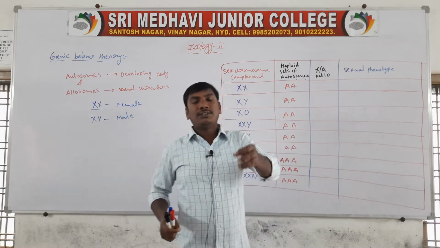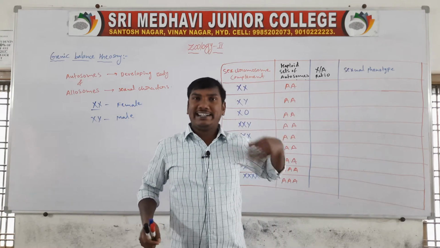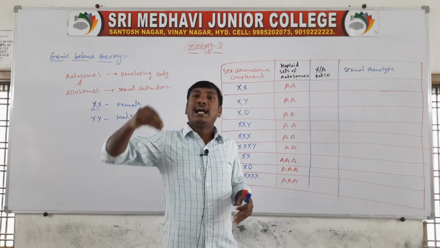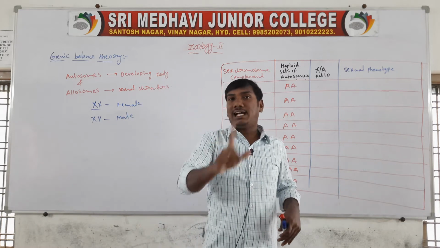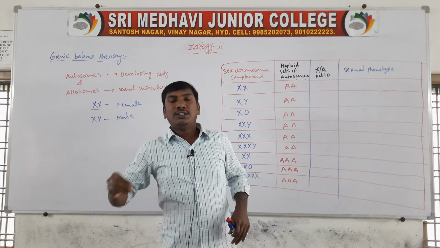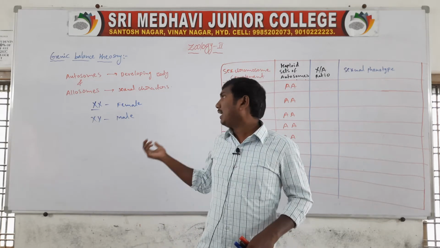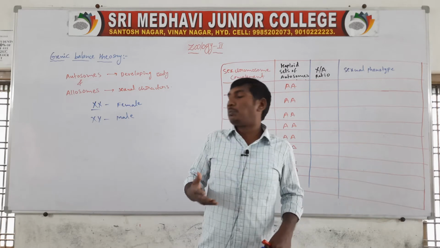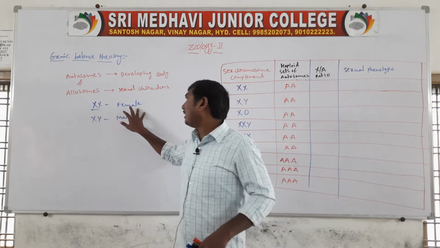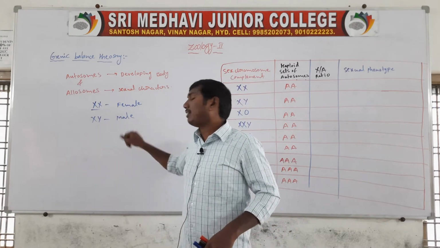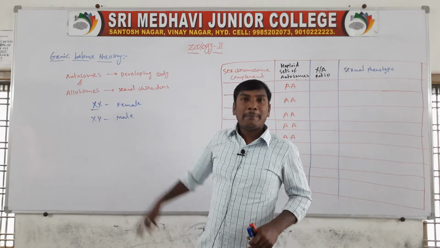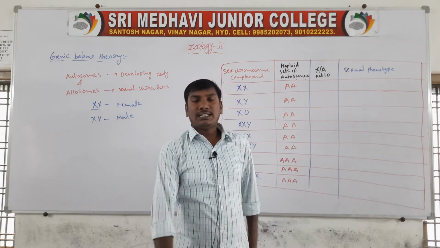The autosomes develop the body, and the allosomes, the last pair of chromosomes, develop the sexual characters: XX is female and XY is male.